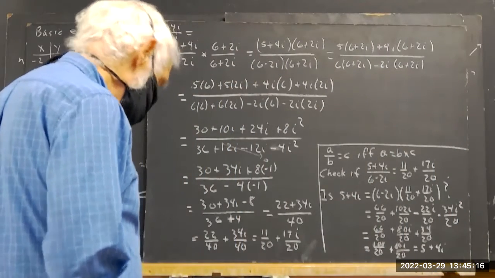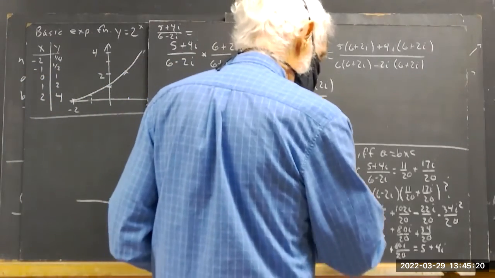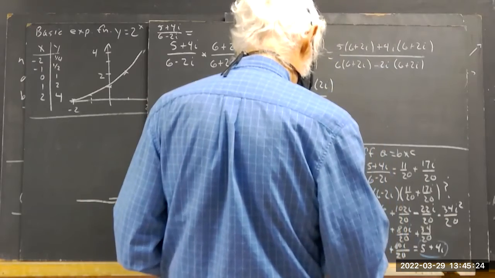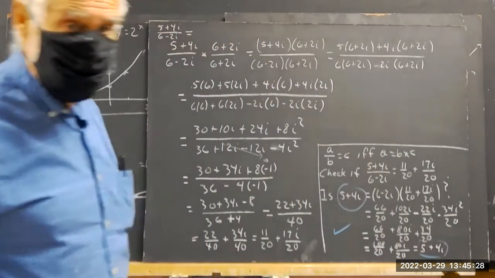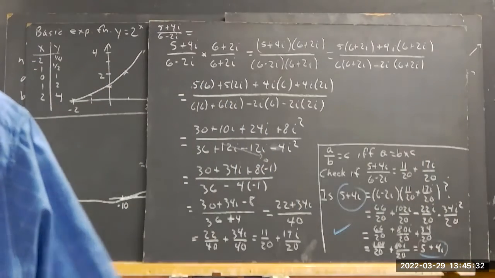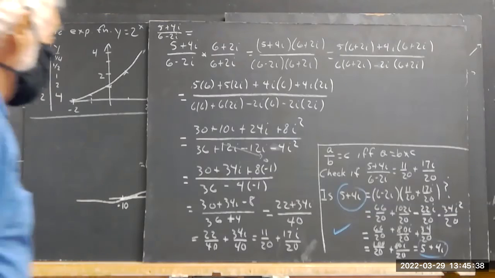Is that what we were hoping to get? Yep, there it is. And there it is. A big check mark there. I actually got through that without messing anything up. You know, probably ought to have a celebration or something. Okay.